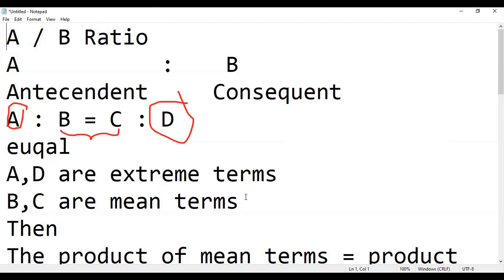It can be written as A is to B. The first term of the ratio is called antecedent, and the second term of the ratio is called consequent.